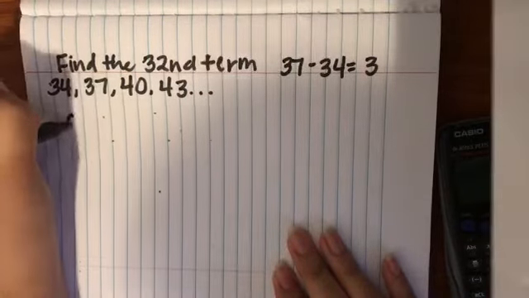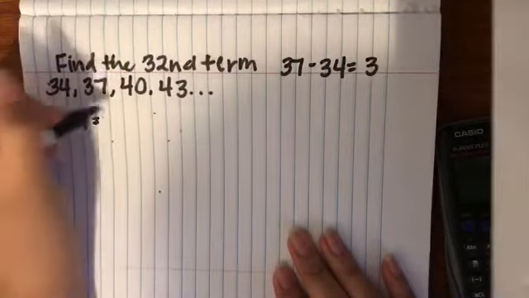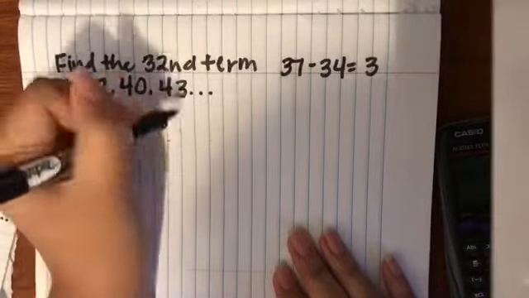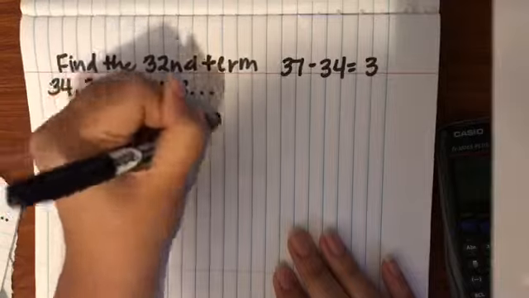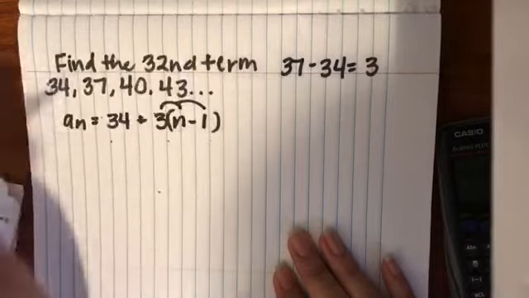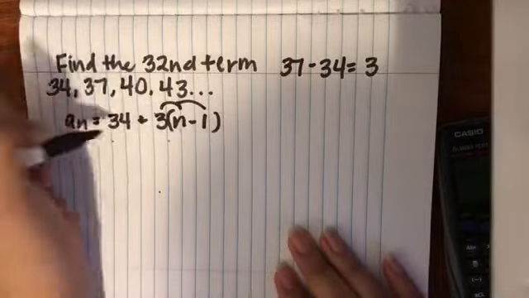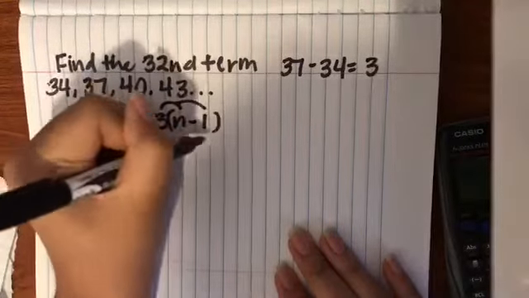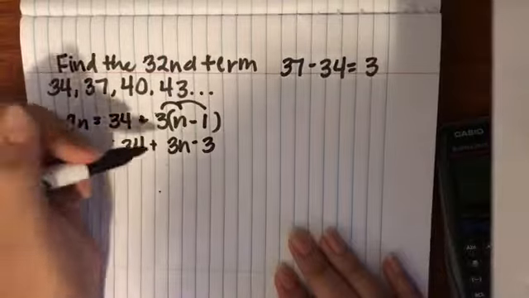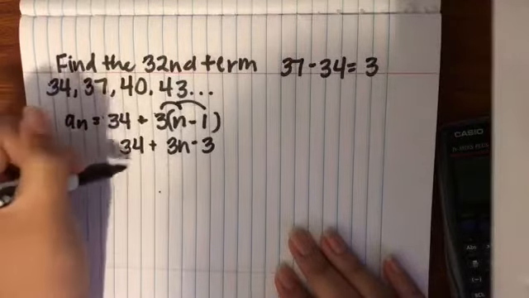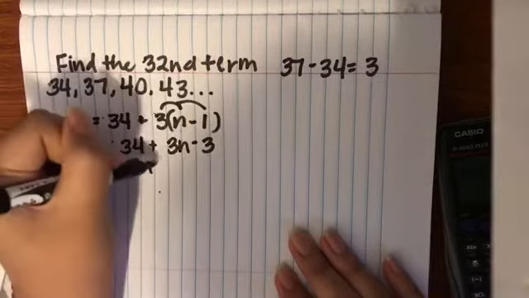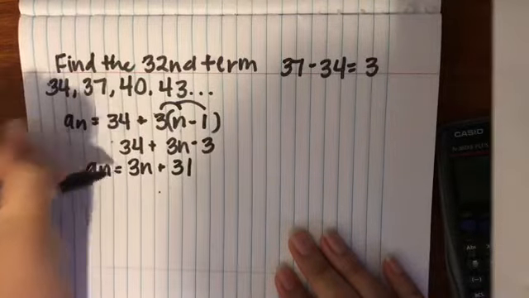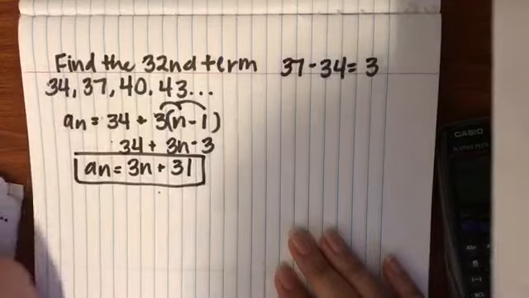So then you would plug that into a sub n equals 34, which is your first term, plus your common difference, which is 3, times n minus 1. You would distribute 3 into n and 1, which becomes 34 plus 3n minus 3. 34 minus 3 is 31, so that becomes 3n plus 31, which will be your explicit formula.